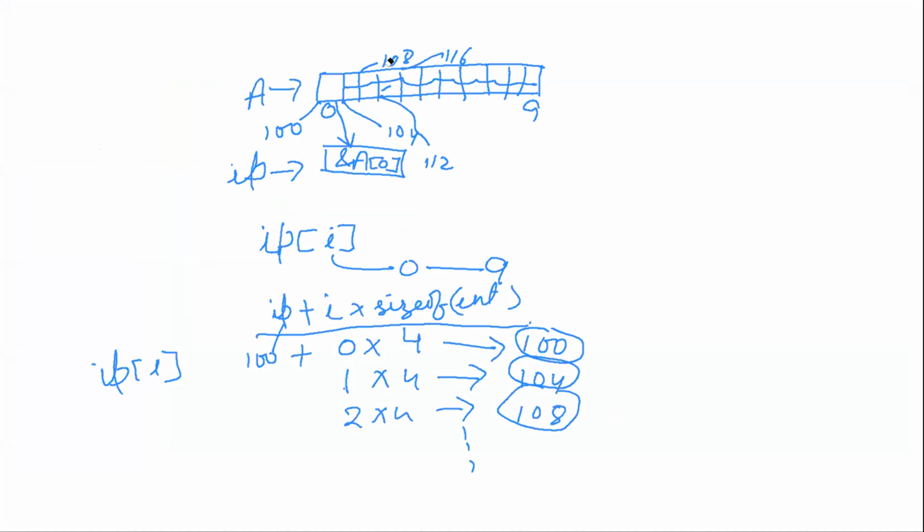First, we have already written ip[i]. This is the first method. Then you can write i[ip], reversing it. This is the second method.